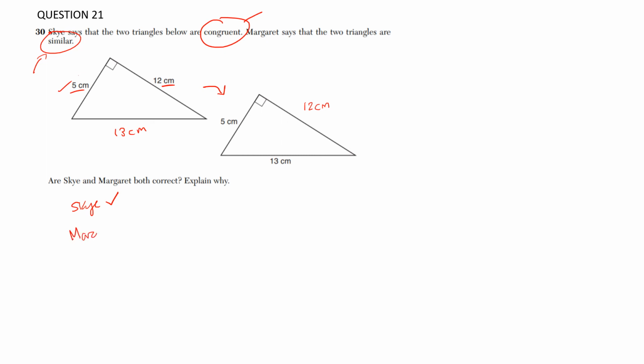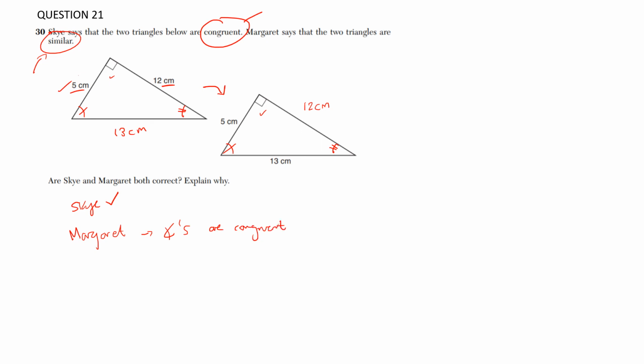Margaret happens to also be correct. And here's why. This angle here is congruent to this angle. The 90 degrees are self-explanatory. They're going to be the same. And then this angle here across the side of 5 is going to be the same. So we can say the angles are congruent.